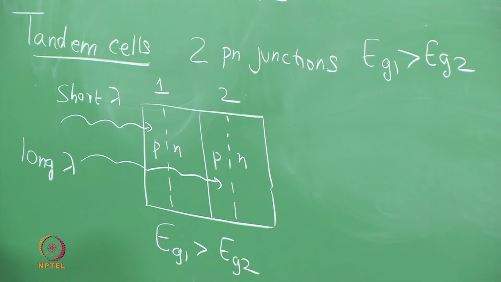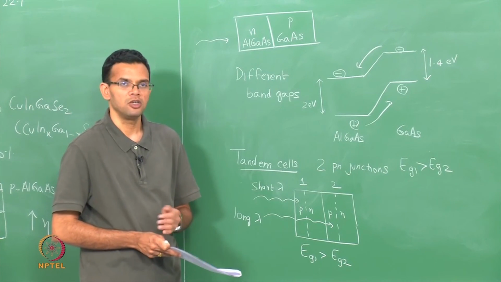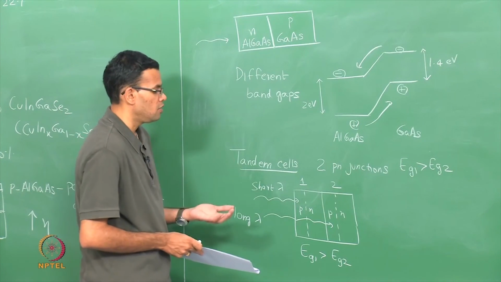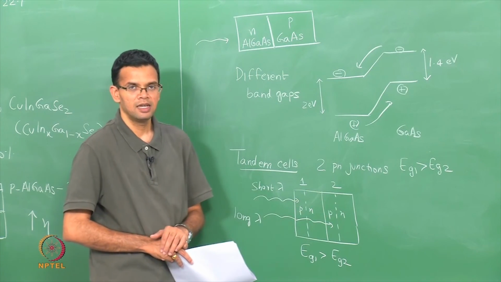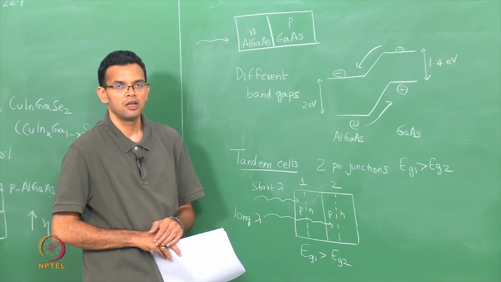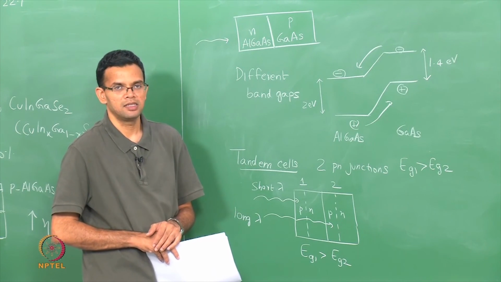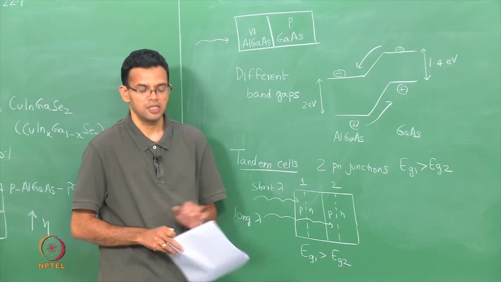The problem of course is that making the devices more complex also adds on to the processing cost and the processing complexity, because if you have tandem cells like these, then they have to be grown with no defects between them, because defects will again act as traps for carriers and will reduce the efficiency of the device.